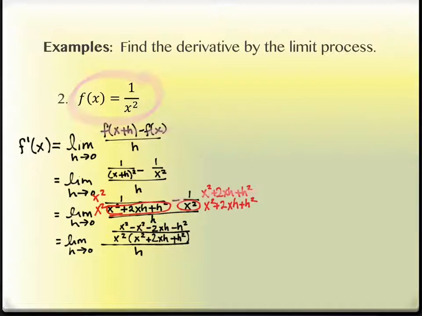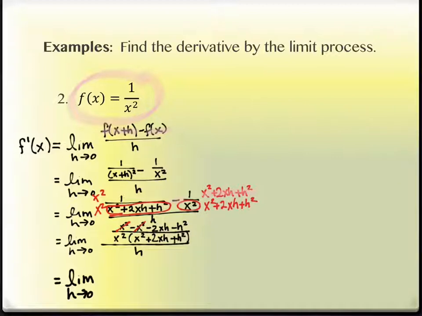Okay, I earned a little more space by doing that. What do you notice simplifies in the numerator? Yeah, the x squareds add to 0, so they eliminate one another or cancel out.